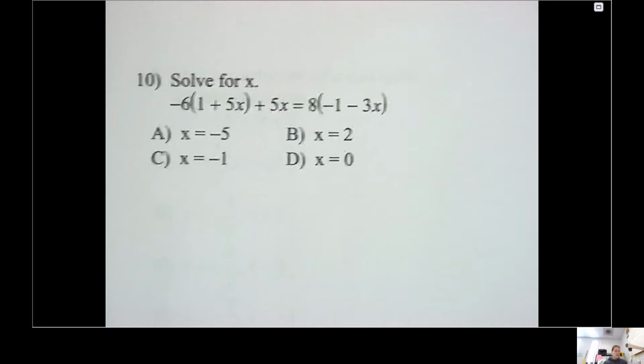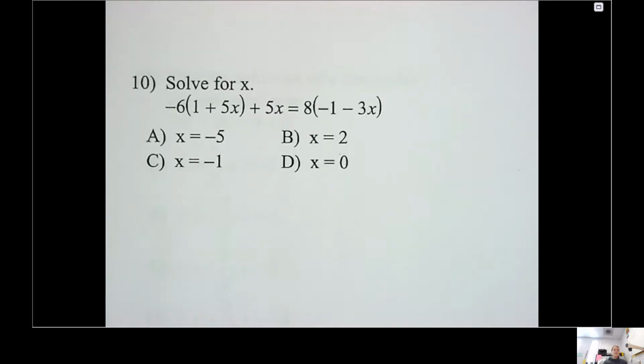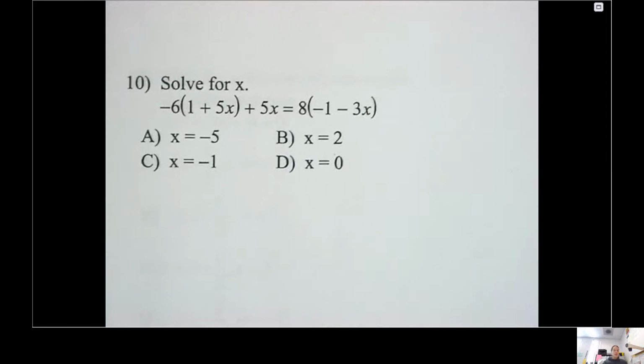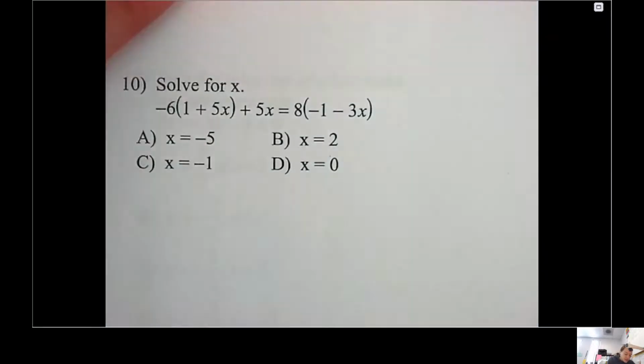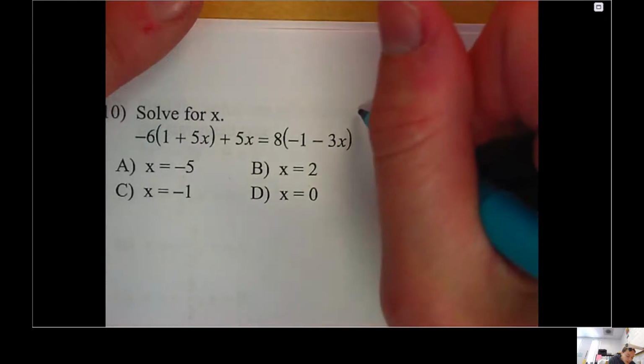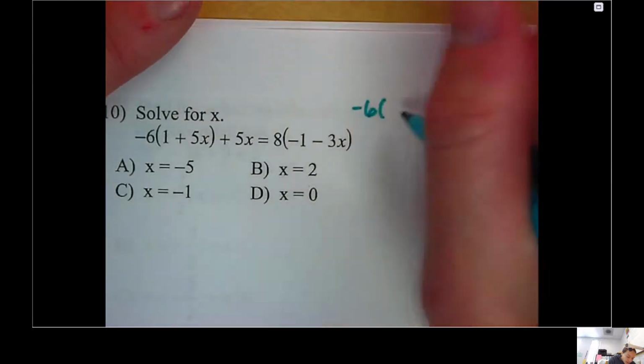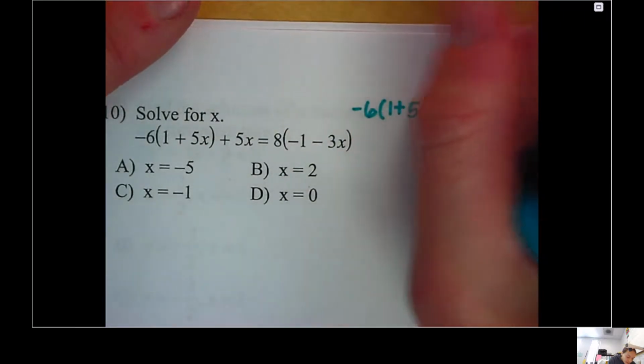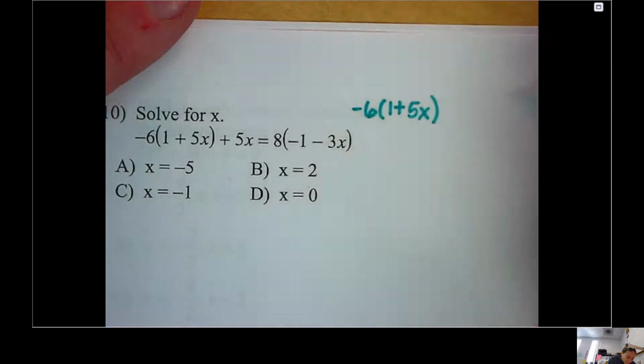All right, number 10, solve for x. So I see parentheses, I see numbers in front of the parentheses, which means it's a lot of distribution. So I'm going to come rewrite my equation right next to it. Plus, actually, I really should have done it below.